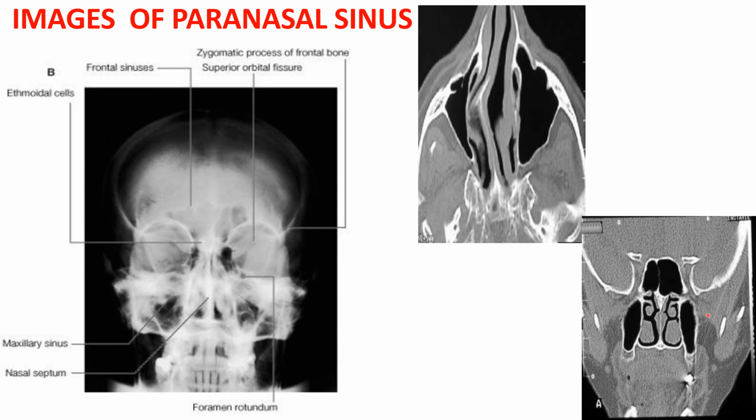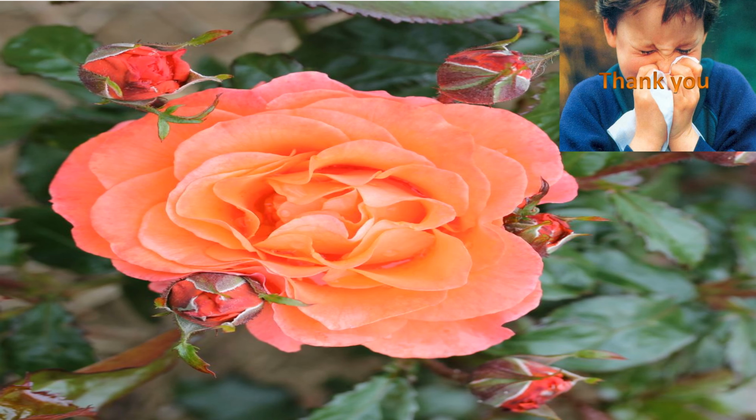This is the CT scan, see the nasal septum, and here it is also well divided. This is the coronal suture, and this is what is called the horizontal section. Thank you very much.